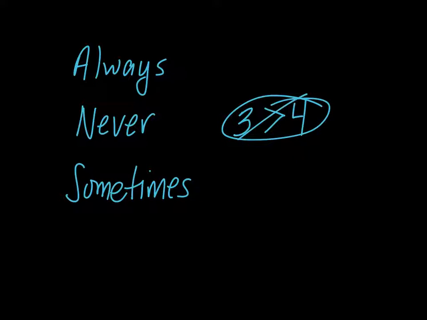If I have 3 is greater than 4, 3 is never going to be greater than 4, and therefore I know that's not true, so we are never going to have an answer if my solution is an untrue statement. Whereas if I have 4 is greater than 3 at the end of my inequality, I know that this is actually always a true statement. So that would be always true.